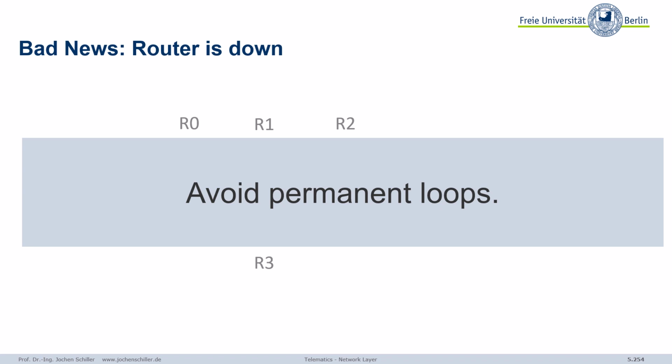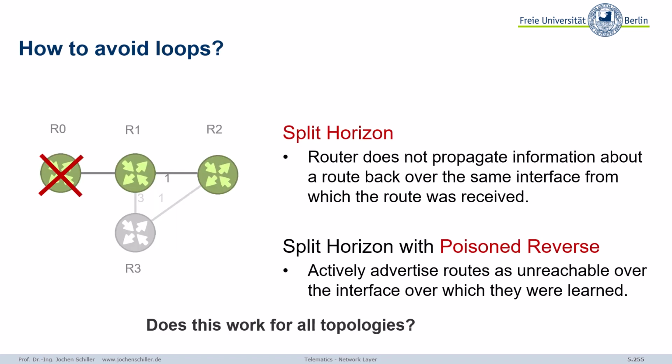So one way of handling this is called split horizon. Split horizon is one way of trying to avoid the loops. Routers do not propagate information about a route back over the same interface from which the route was received.